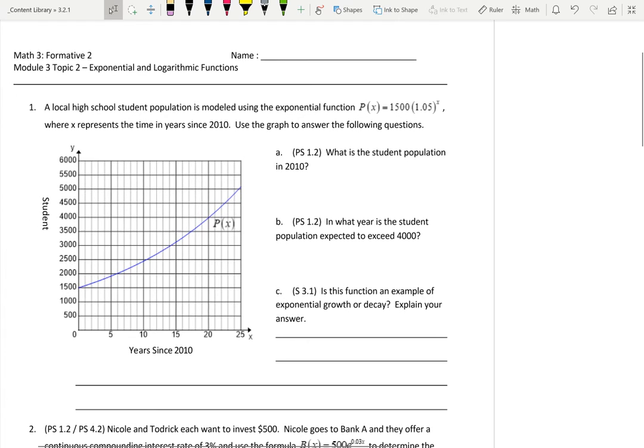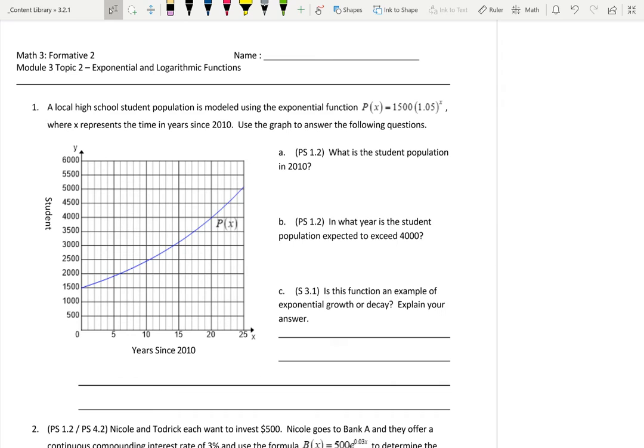All right, so we're talking about exponential and logarithmic functions, and essentially standards 3.1 and 1.2 are asking, hey, can you use a graph? And 1.2 is asking, can you give me specific answers using that data? So a local high school student population is modeled using this function, 1500 times 1.05 to the x.